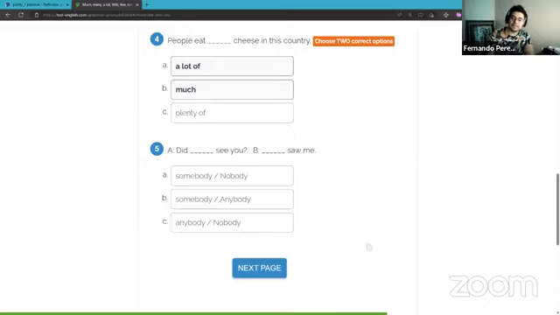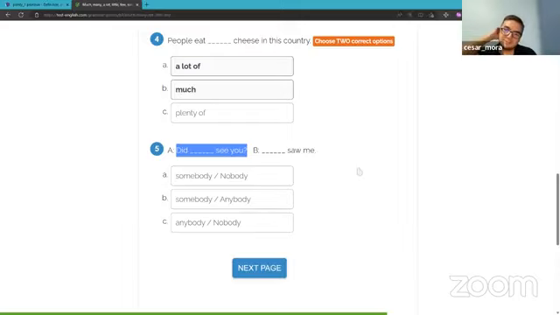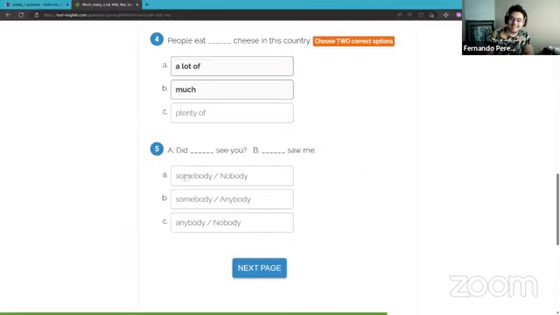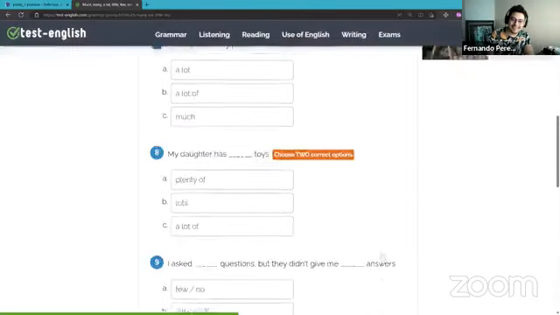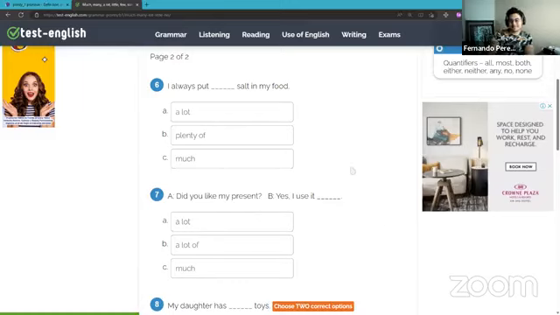Nobody saw me. Because you know that the negative is always no. But in this case, you don't know the existence of a person who saw. Oh, yeah, sure. You see? It's exactly the same example. Some versus any. Yeah, the key is the first. Some or any. Exactly. That's the key. Let's go to the next.